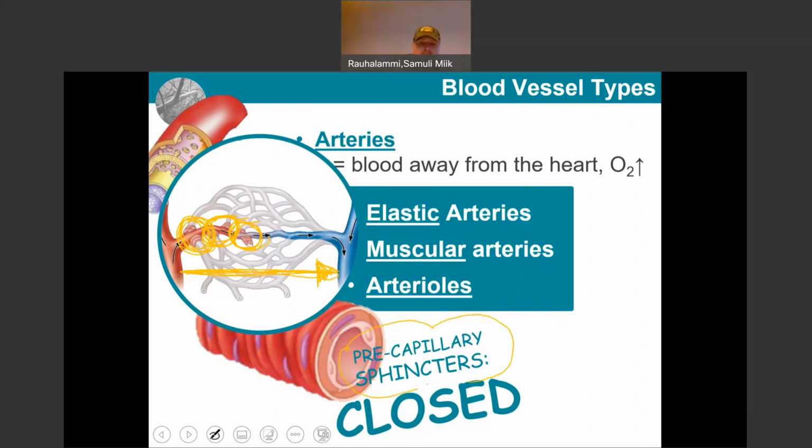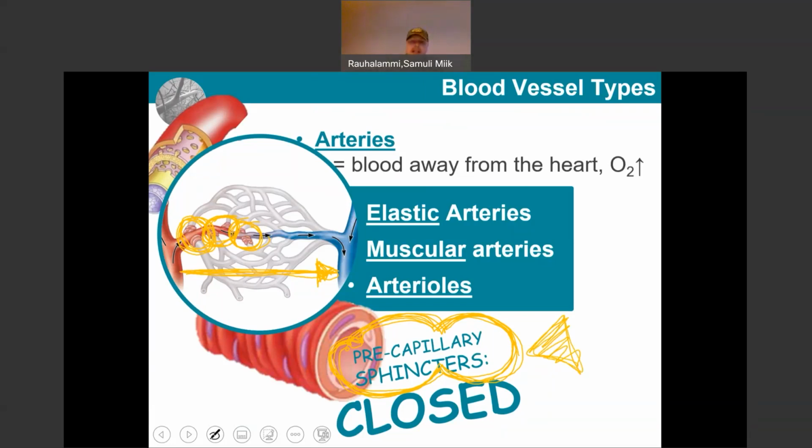What's important to notice here is that we actually have more capillaries in our body than we have blood. So if all of the capillary beds were open at the same time, we would run out of blood. So for that reason, we need to do some choosing of where the blood is going to go. So we choose to always open only some of the capillary networks. So pre-capillary sphincters are an important structure for you to know.